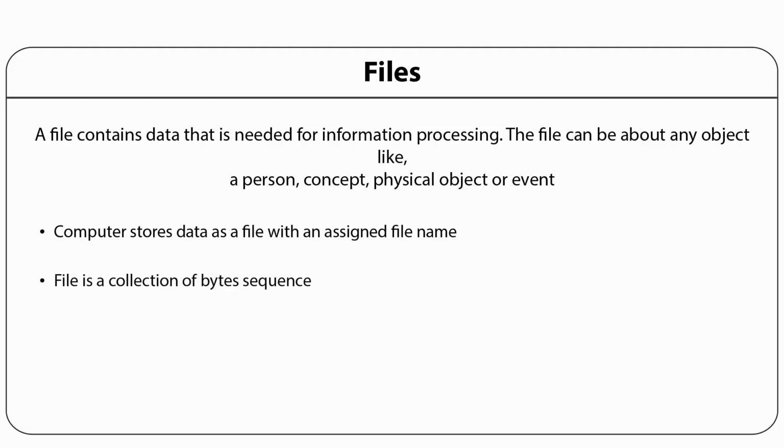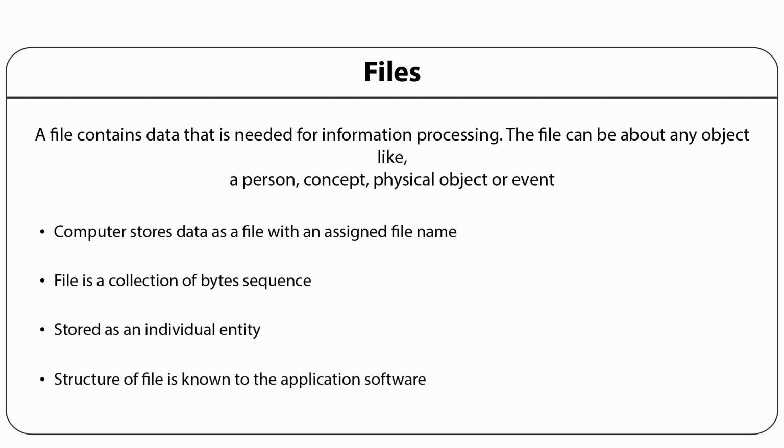These files contain byte sequences, which are read by certain application software to create a meaningful display for us on a screen or any kind of output device. So the smallest unit which can store data in our computer is a file.